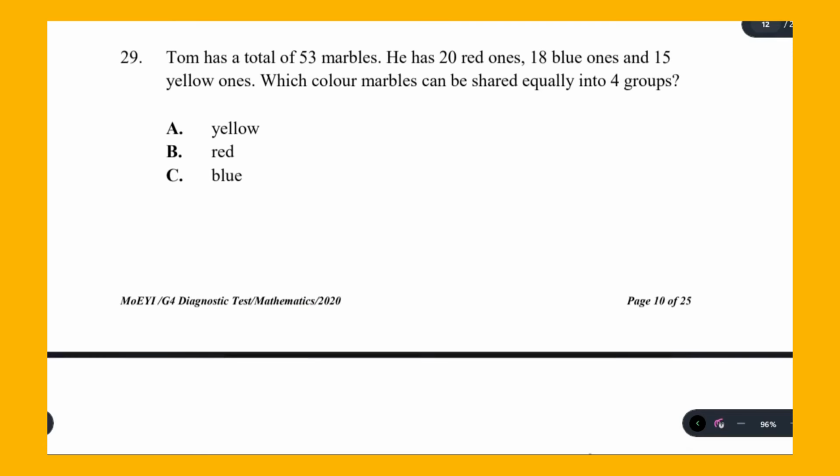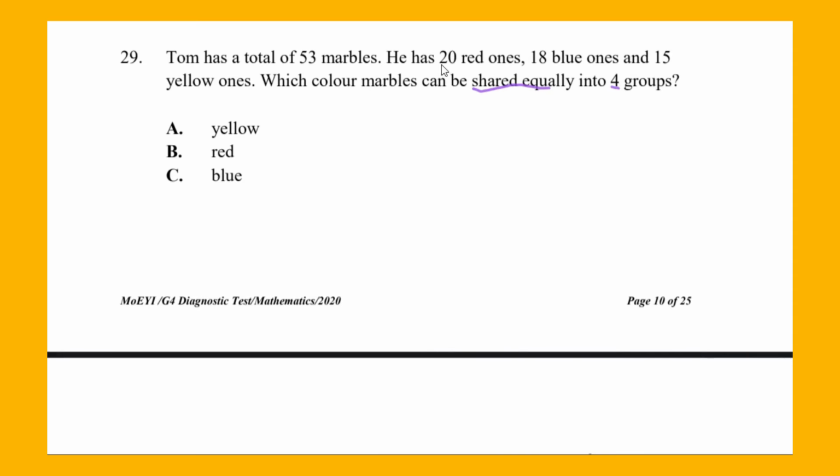Question 29. Tom has a total of 53 marbles. He has 20 red ones, 18 blue ones, and 15 yellow ones. Which color marbles can be shared equally into 4 groups? Again, we're looking for a multiple of 4, a number that can be shared equally using 4.